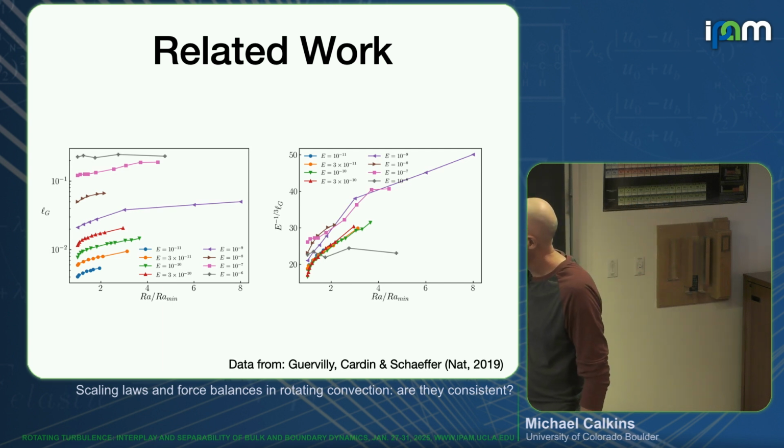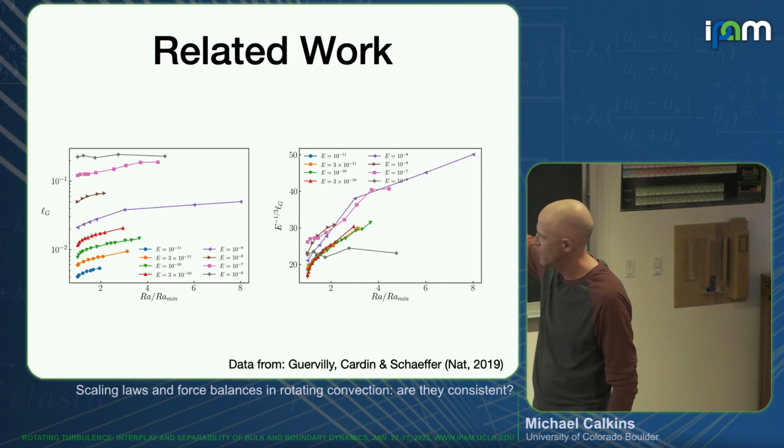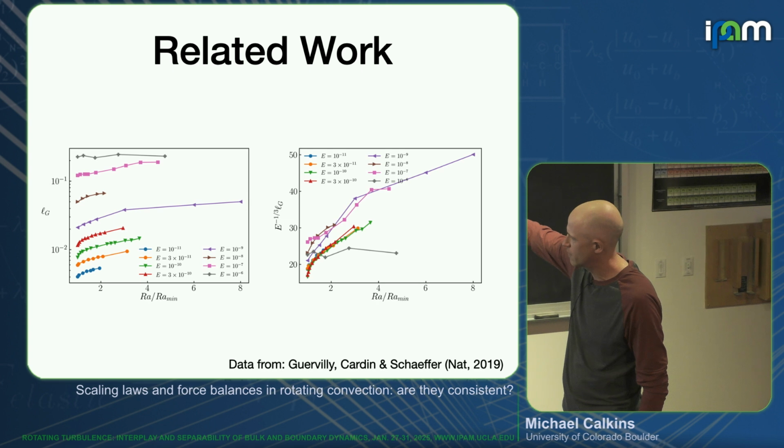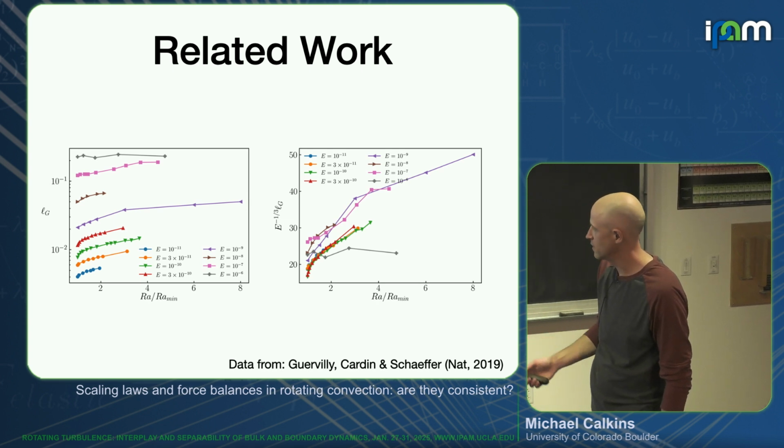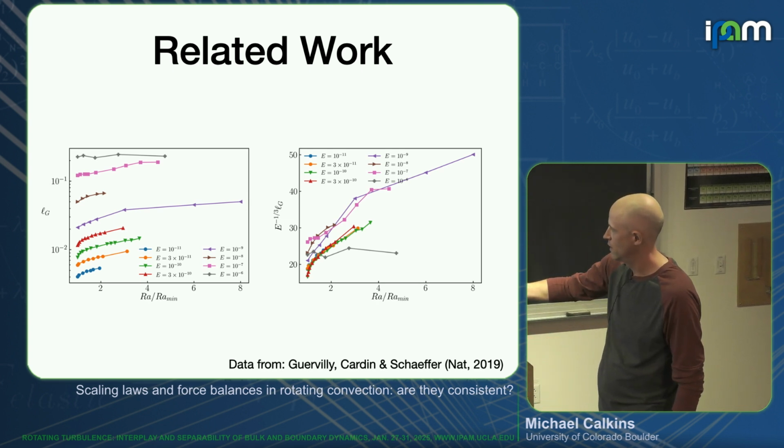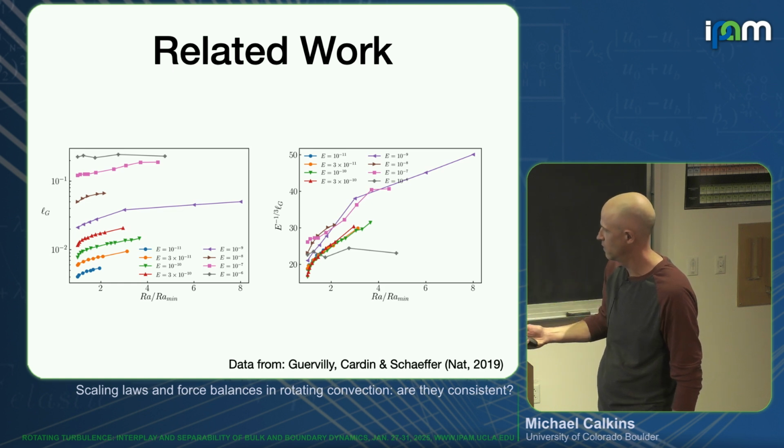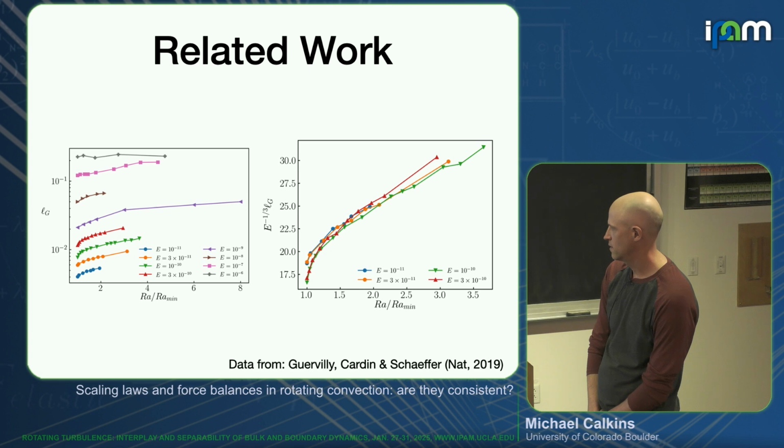The larger Ekman numbers shown here in the gray are sitting down here, and this is also larger Ekman numbers. So then I filtered it, and I said, well, let me just focus on the smallest Ekman number data, which they show here. That's a plot showing just those 4 smallest Ekman numbers.